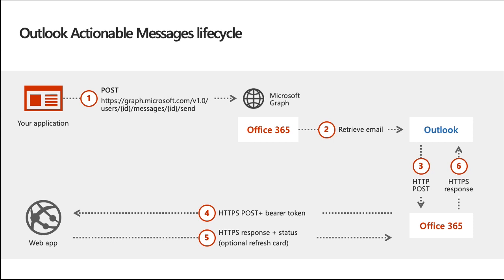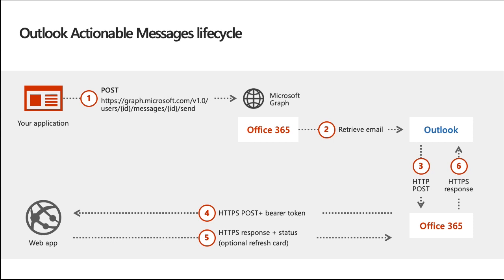In step two, the user is going to interact with the message action defined in the card, such as an Action.Http that sends a POST request to an API. Step three, the HTTP POST message is sent from the endpoint in Office 365 to the pre-registered endpoint. The HTTP POST includes the bearer token that should be validated, and that happens in steps 4 and 5.